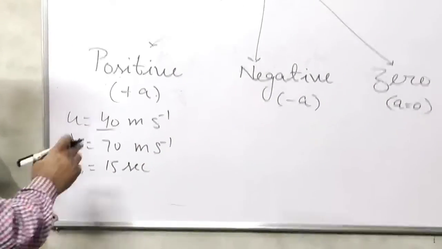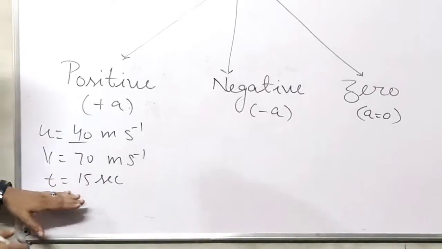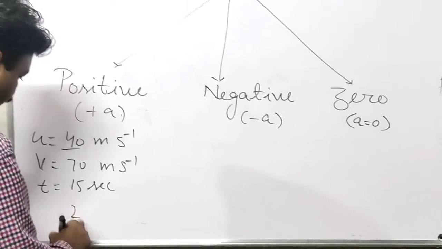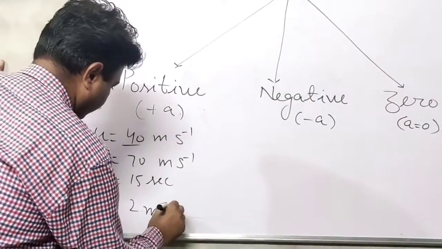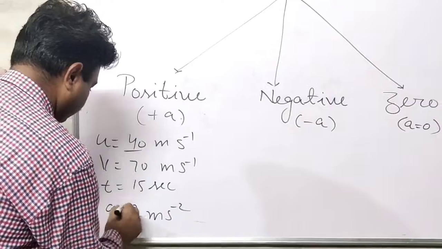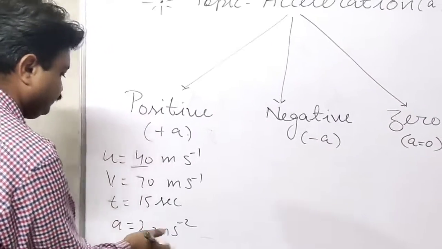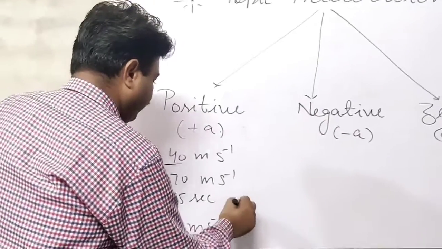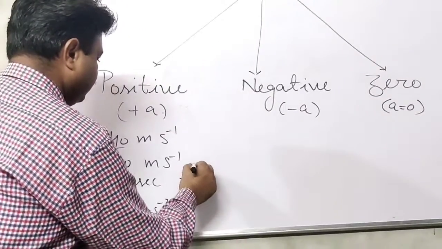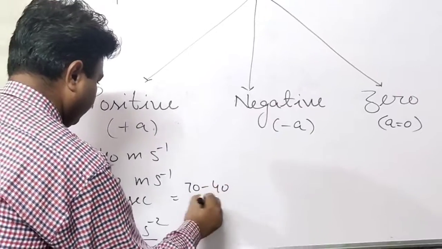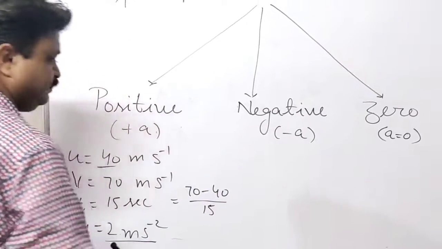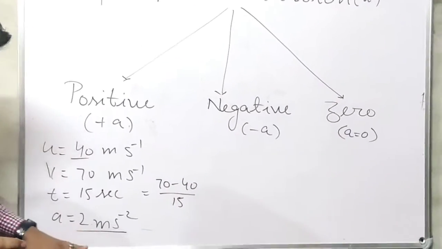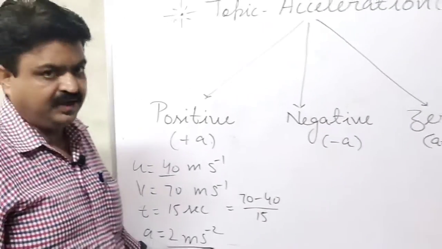Then the acceleration that we will get here will be 2 meter per second square, and it will be positive acceleration, student, because the formula that we will use is 70 minus 40 upon 15, and the acceleration will be 2 meter per second square.